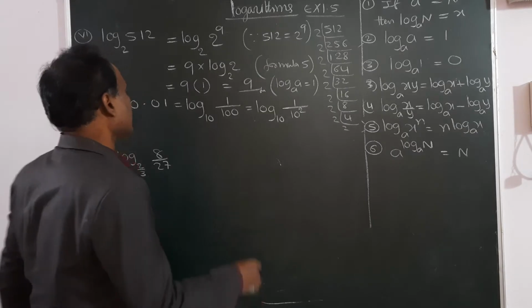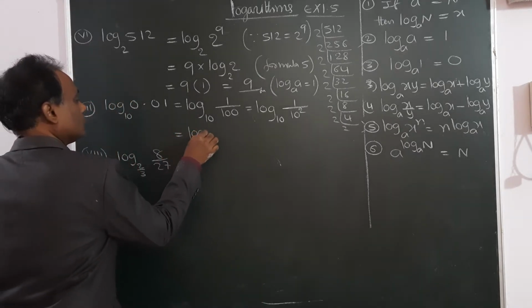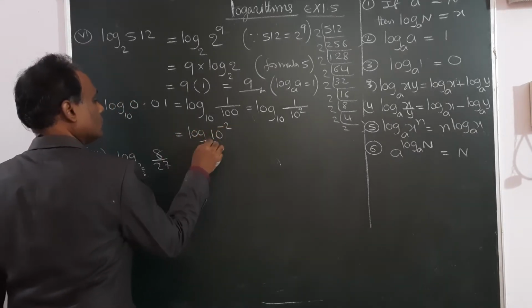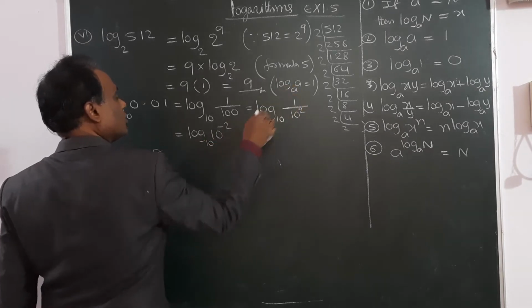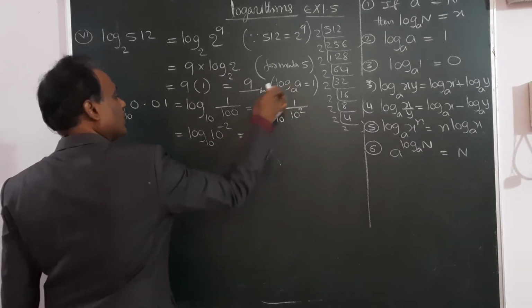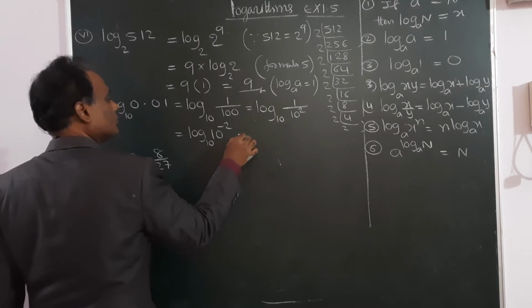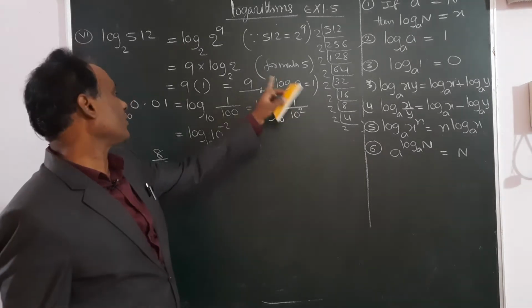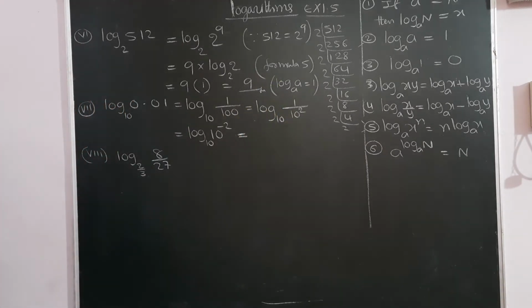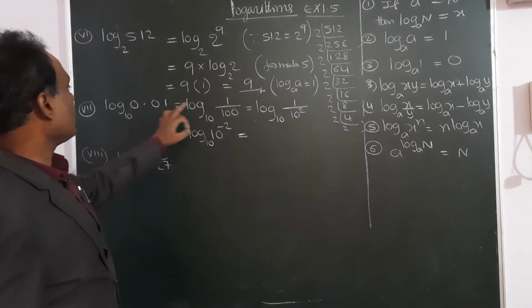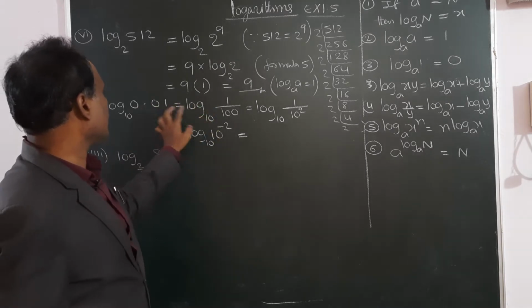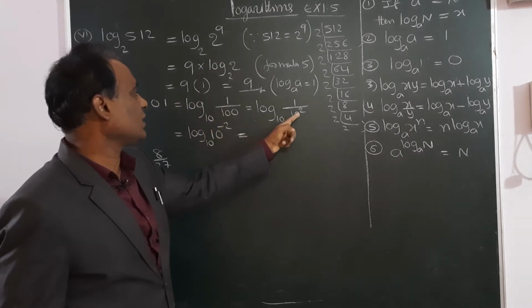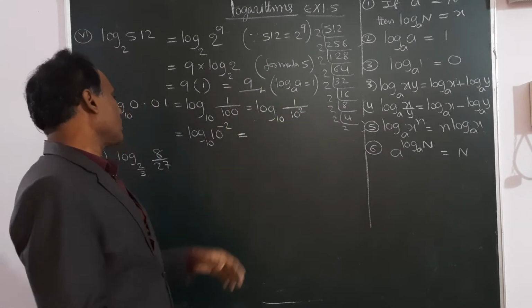Taking it into the numerator, 10 power 2 will become 10 power minus 2. So 0.01 is 1 by 100, 100 is 10 square, and in the numerator it becomes 10 power minus 2.